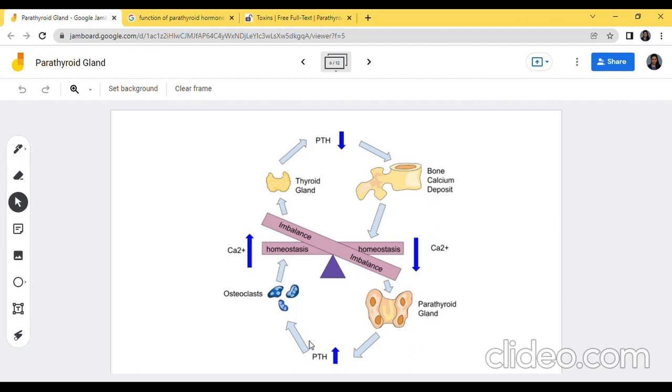It will help in osteoclast activity. Osteoclasts are specialized cells that absorb and remove bone, so that they bring the calcium level to the normal level and maintain homeostasis, that is, maintain the level of calcium in our body.